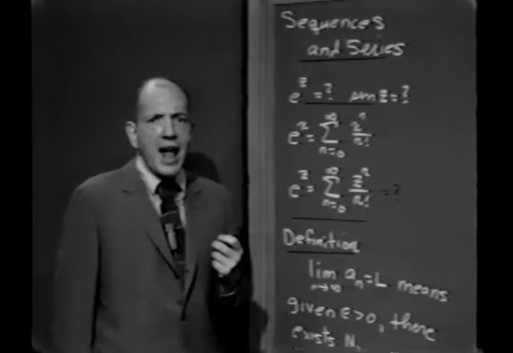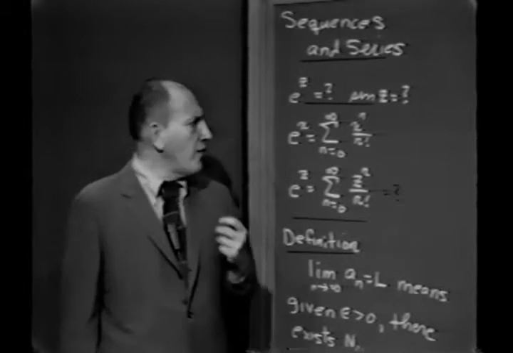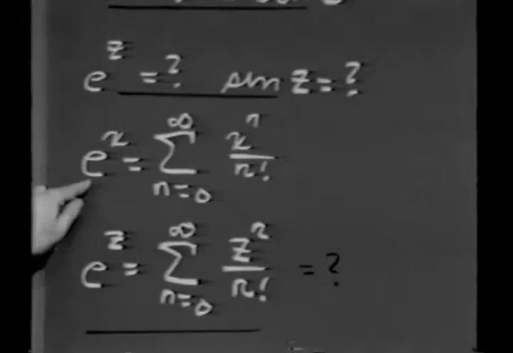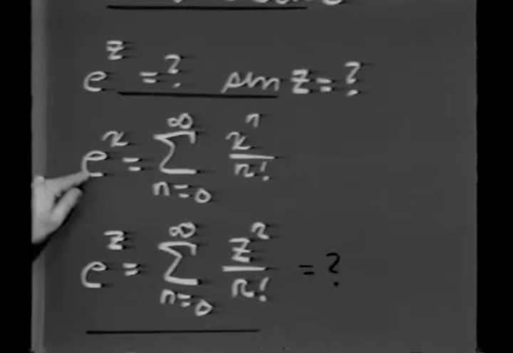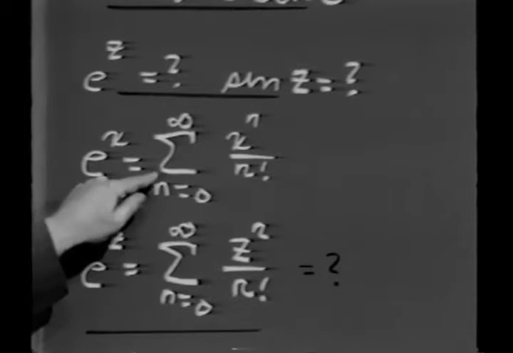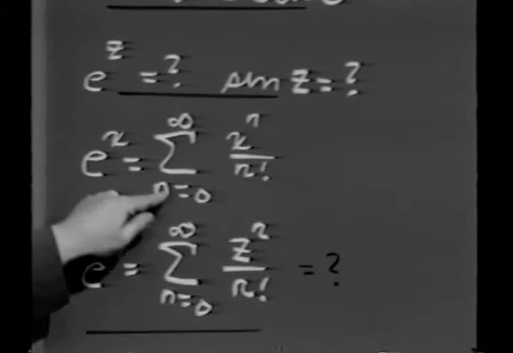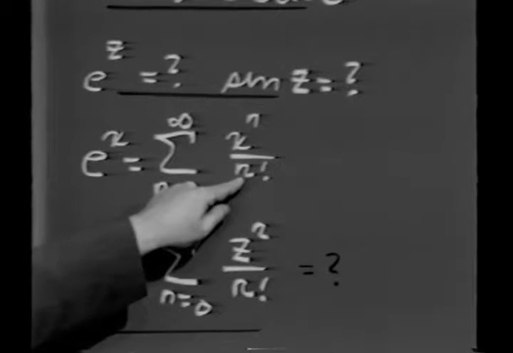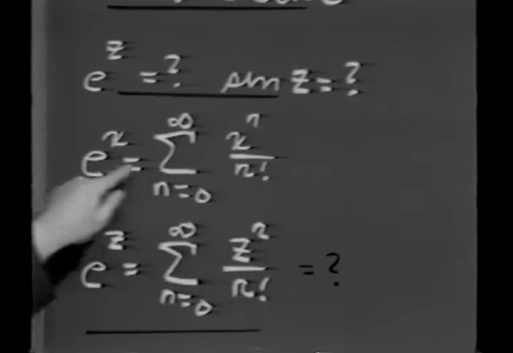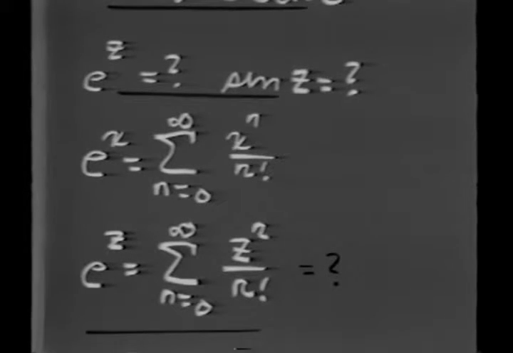Now, one of the standard ways of doing something like this is the following. We, in part one of our course, had shown that the power series representation for e to the x was given by this infinite series, where this infinite series converged to e to the x for all real values of x.